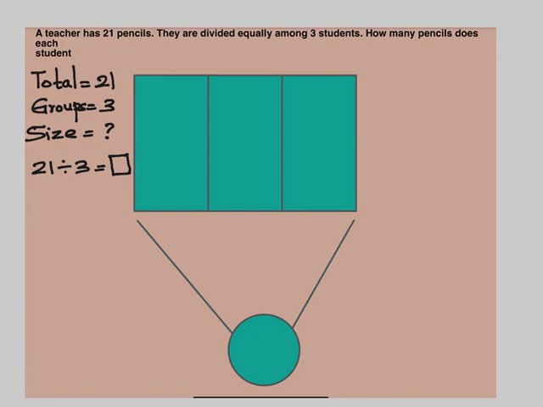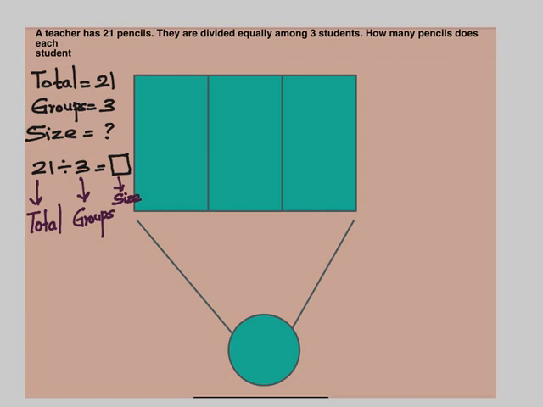So in this case, we are doing a division sentence or division equation. So this 21 is the total number of pencils that the teacher has, and this 3 is the number of groups or the number of students that the total is divided into. So it's the group, and what we have to find is how many pencils each student gets. So the size is something that we have to find.